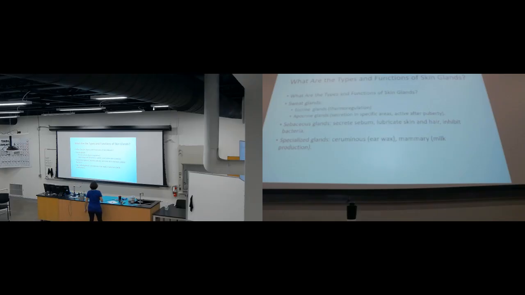Now, the sebaceous glands secrete this sebum that lubricates our skin, and they are connected through their duct into the root of the hair, so that you will have the sebum going through this pore that allows the shaft of the hair to go into our skin, and then you will have lubrication of the skin.